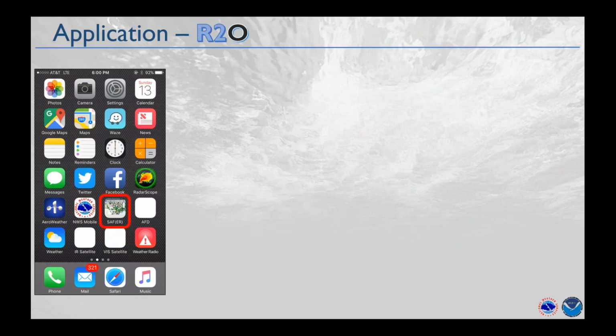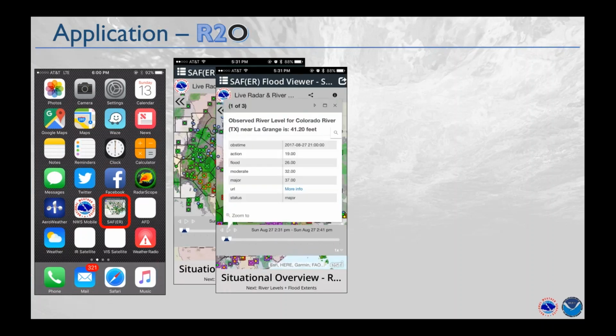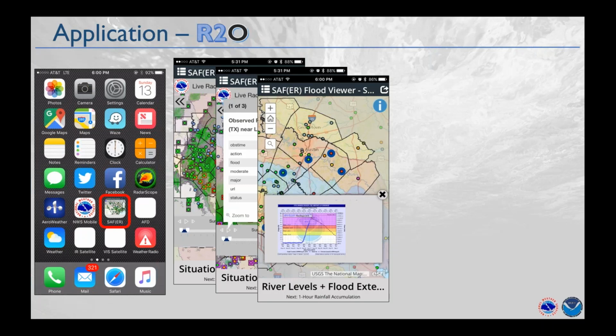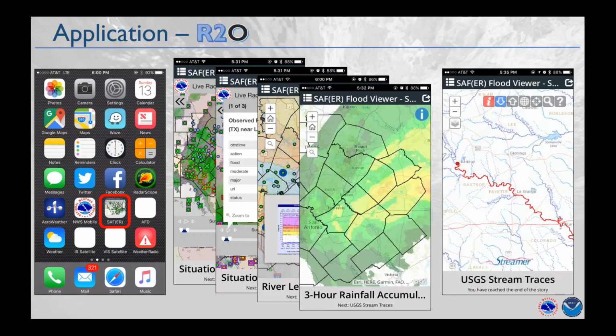In very much beta, we can also create what are technically apps, so to speak, and not necessarily an app, but it's a web page that one can go to. And then essentially it works well on a phone. Here's an example of how an emergency manager or anybody can look at SAFER aspects, web mapping service aspects from the National Weather Service, on their phone, where they can do the tracing.